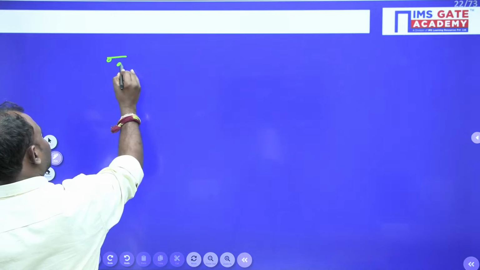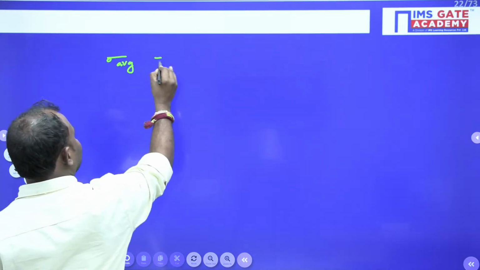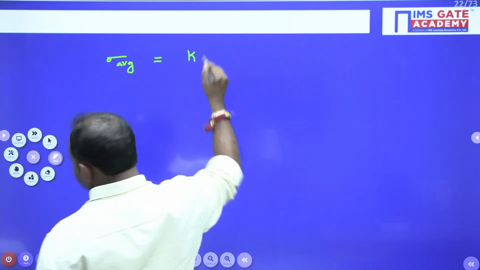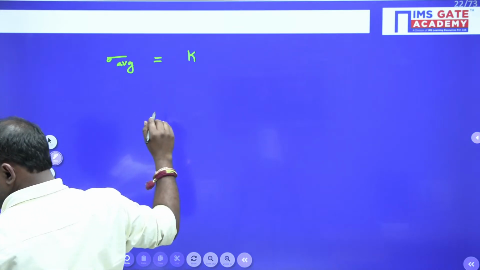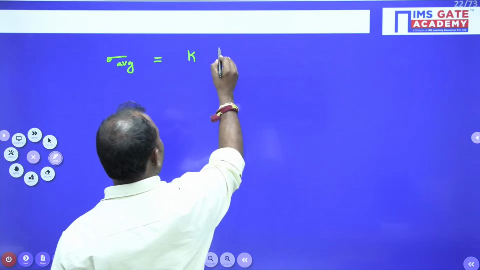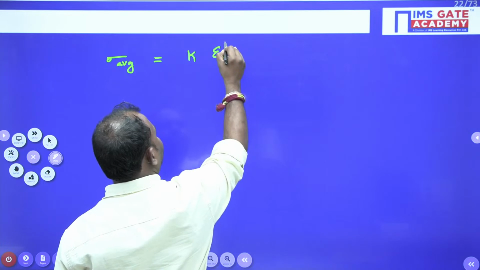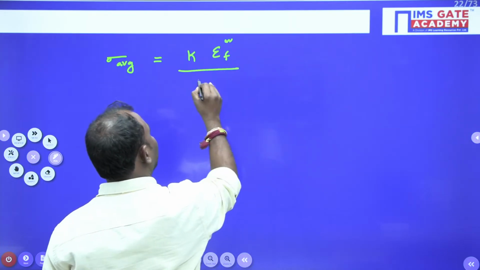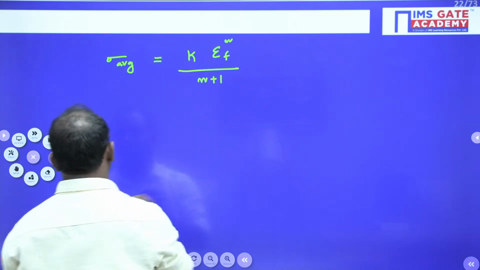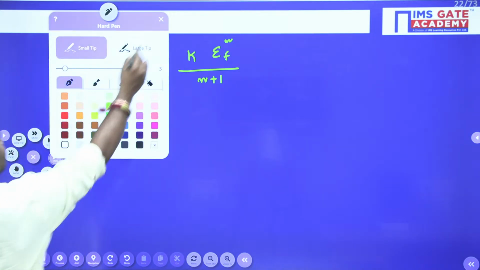Sigma average we can write as K into epsilon F whole power n divided by n plus 1. Now let me explain the terminology here.